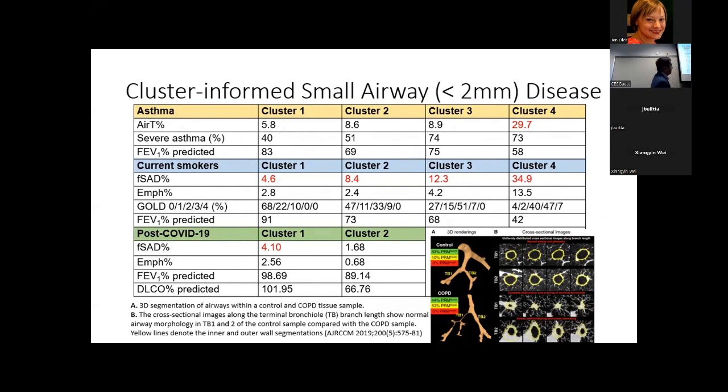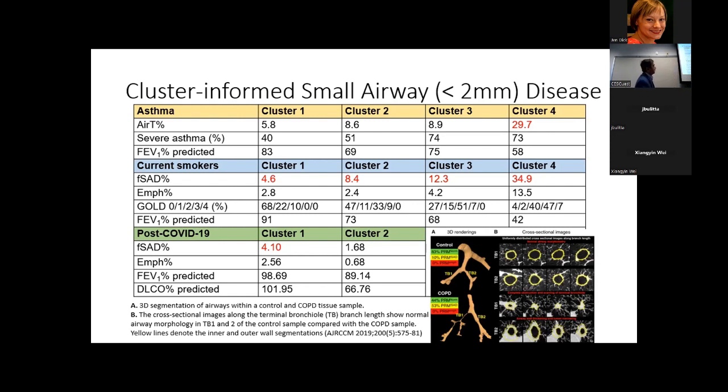We compare small airways in healthy subjects and COPD subjects. Green means normal voxels, yellow means small airway disease, and red means emphysema. If you look at the cross section of the small airways, you can see that in healthy subjects it is more circular than in COPD.